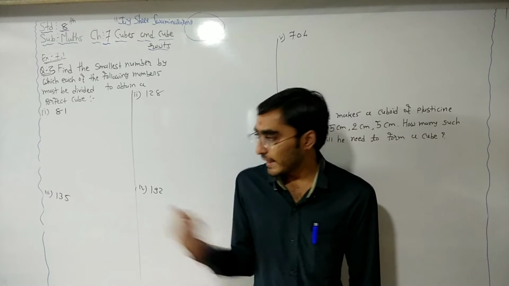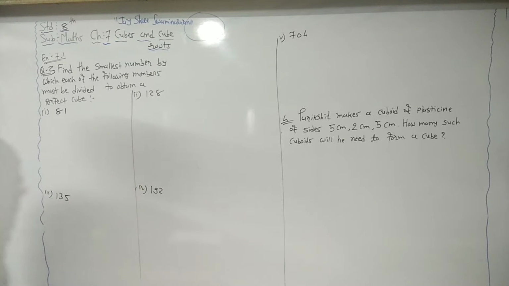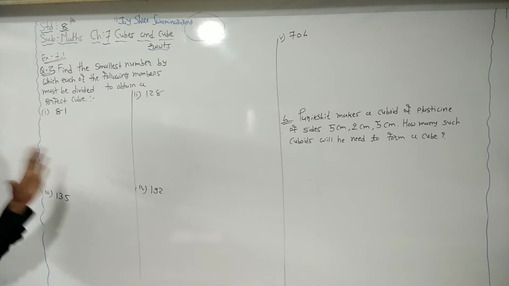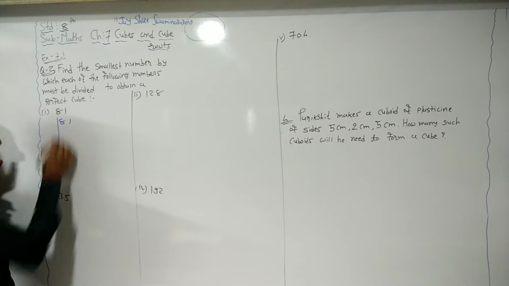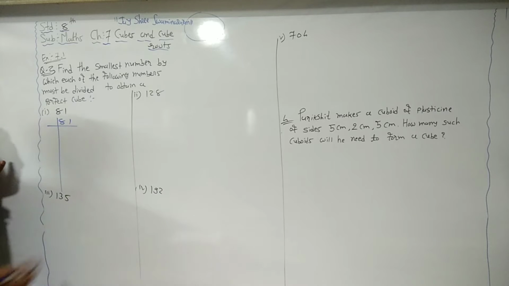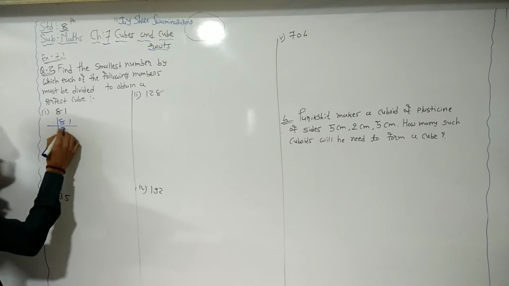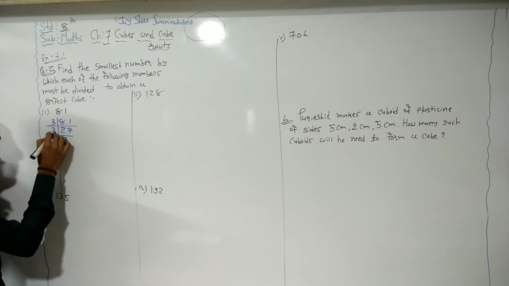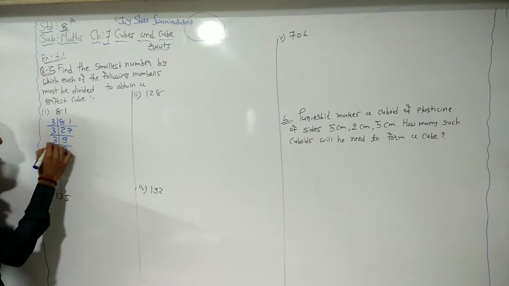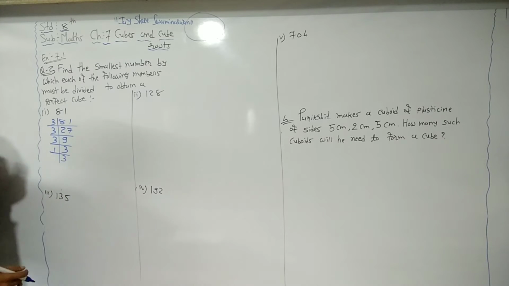Now how? Let's see. First of all, 81. Use the prime factorization method here. So here we have 81. For 81, 27 3s are 81, then 9 3s are 27, 3 3s are 9, and 3 1s are 3.